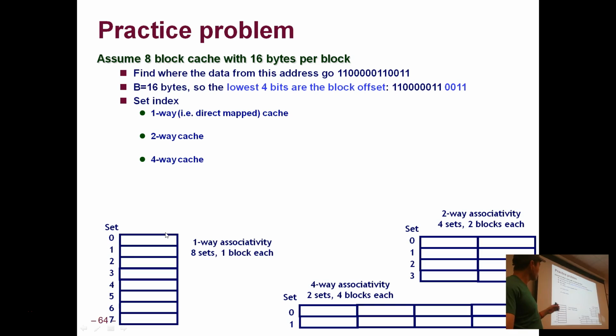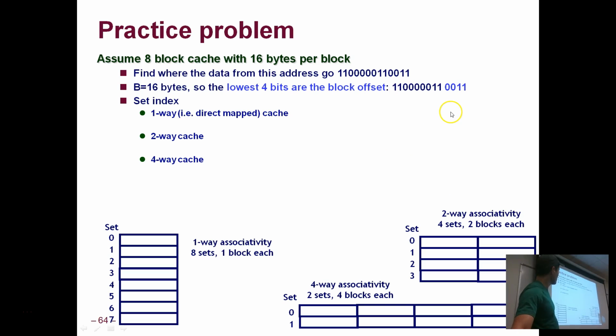And we're going to organize these blocks in different ways. We're going to have a direct map cache, which is here, a 2-way set associative cache, which is over here on the right, and a 4-way set associative cache, which is at the bottom. I want you to use the address bits to color in the set in each one of these three caches that this particular address up here will belong to.